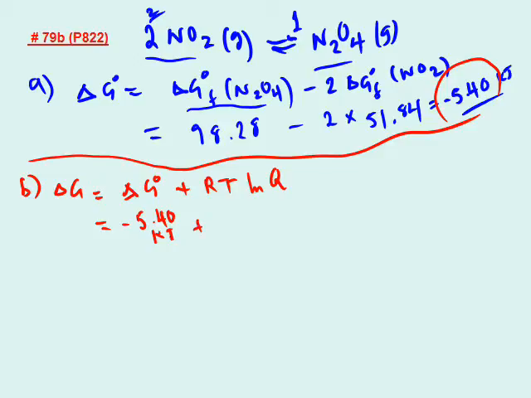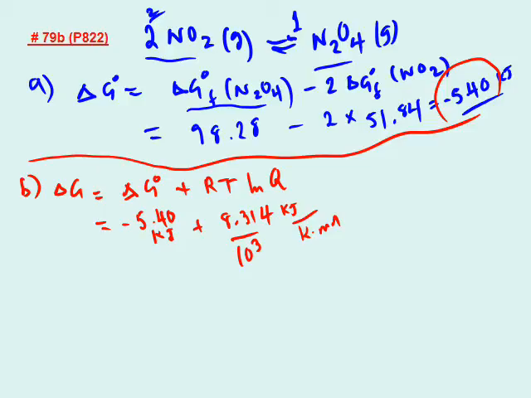Our R value is 8.314. Now that's in joule per Kelvin per mole, so we need to change it to kilojoule to be consistent with kilojoule on the left hand side. In order to make it kilojoule, divide by 1000, because 1000 joule makes a kilojoule.